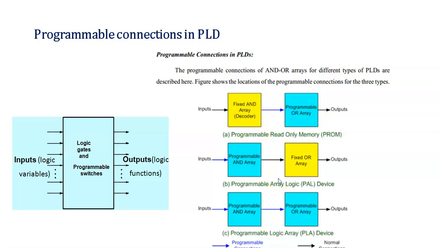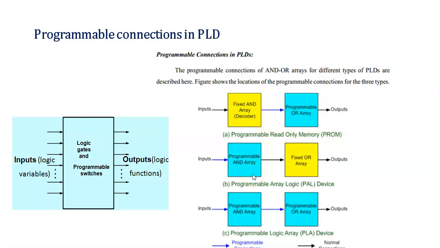Depending upon which is programmable and which is fixed, or whether both are programmable, we define which type of PLD it is. Here yellow indicates fixed array logic and blue indicates the programmable one. When the AND array is fixed and the OR array is programmable, then it is a programmable read-only memory.